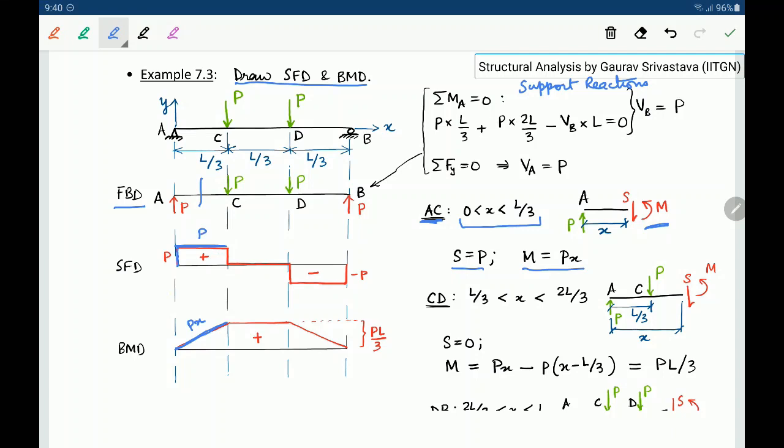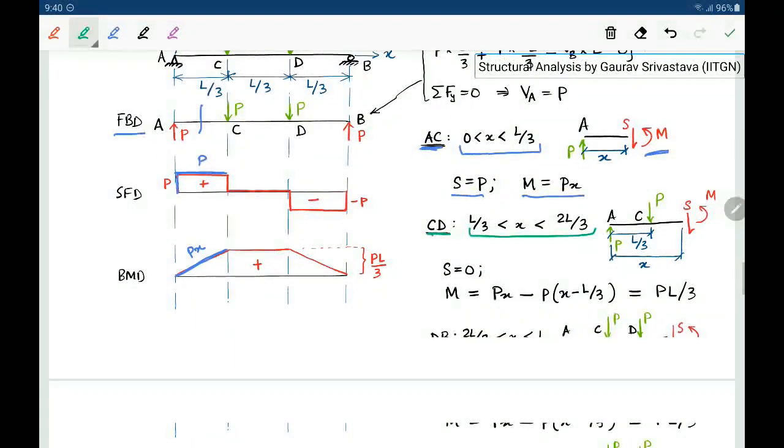Okay, and next we move on to let's say CD, which is between L by 3 and 2L by 3. So again from here we can find out that S is equal to 0 and M is equal to PL by 3, constant. So again see that in AC the shear force was constant and with 0 slope.